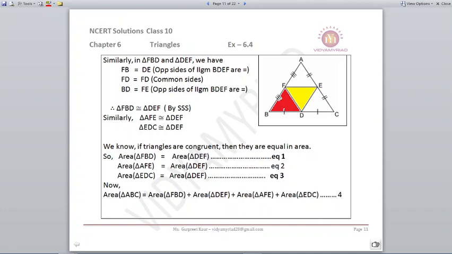Now, the area of triangle ABC, we know it is made up of all the 4 areas inside that bigger triangle. That is AFE, DEF, BDF and DFC all together. And you can very well see from equations 1, 2 and 3, all these triangles are equal to the area of triangle DEF.